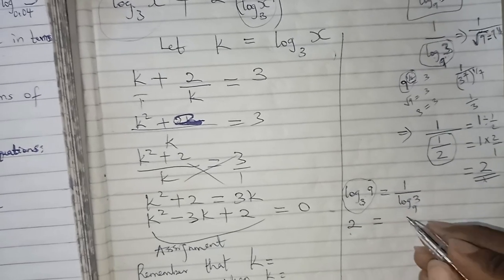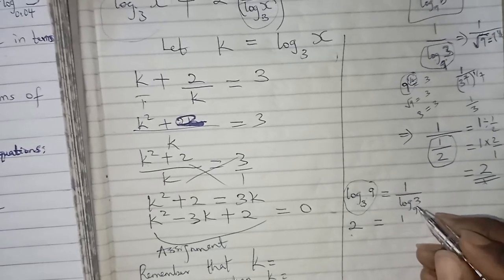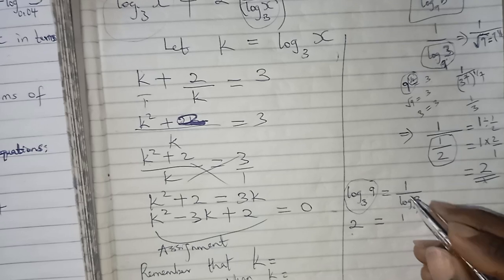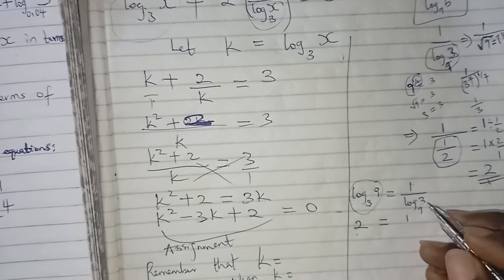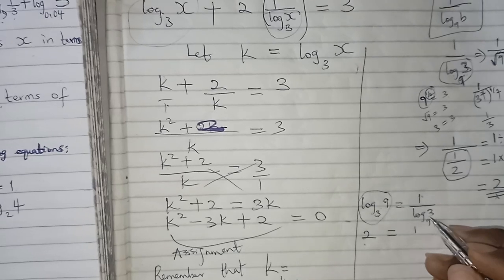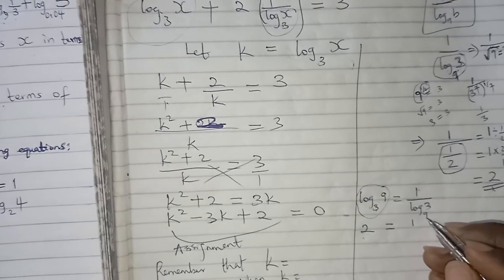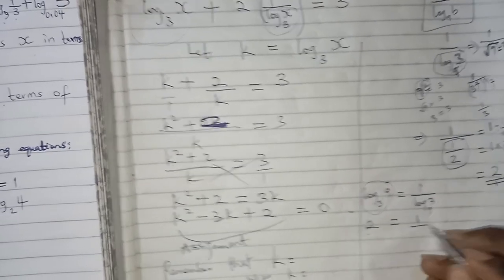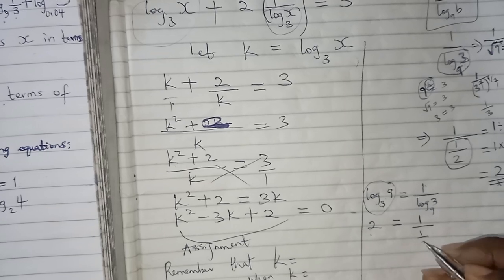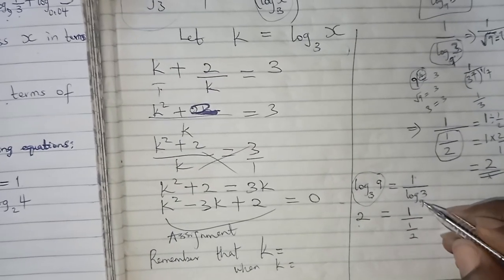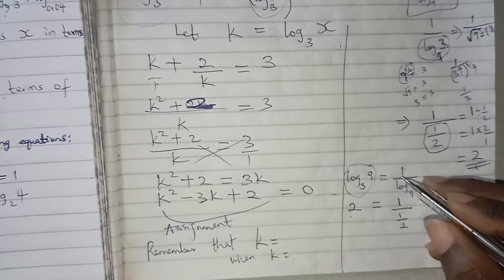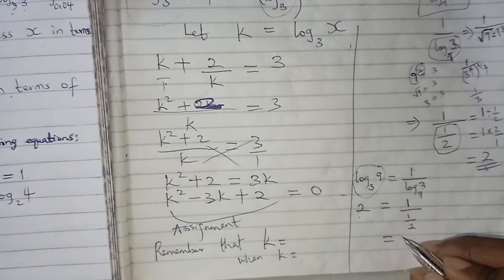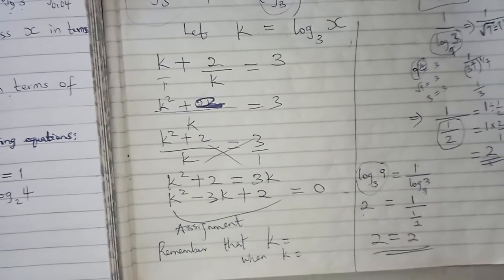And 1 over log of 3 to base 9 is going to give me 1 over 1 over 2, because first of all, log 3 to base 9 is half. So when you do this, you still get 2. So you need to know that.